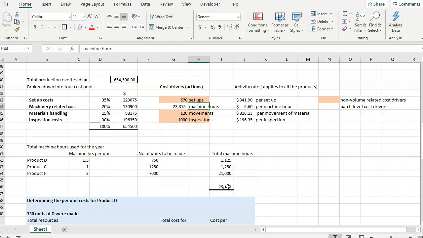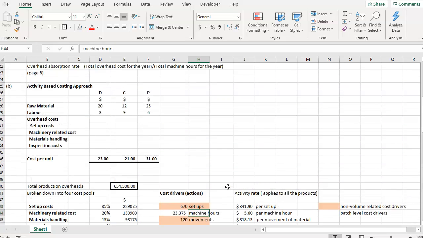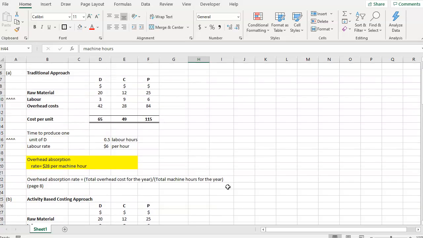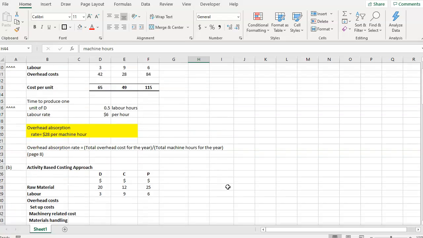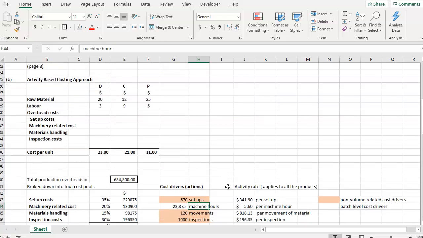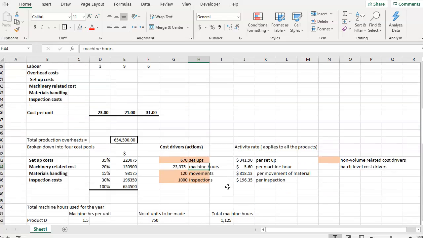So what does all this tell me? Now, when we were dealing with part A, we only had one overhead rate. But now that we are using activity-based costing in part B, we are ending up with 4 activity rates. 1 for setup, 1 for machine hour, 1 for material movement, and 1 for inspection.